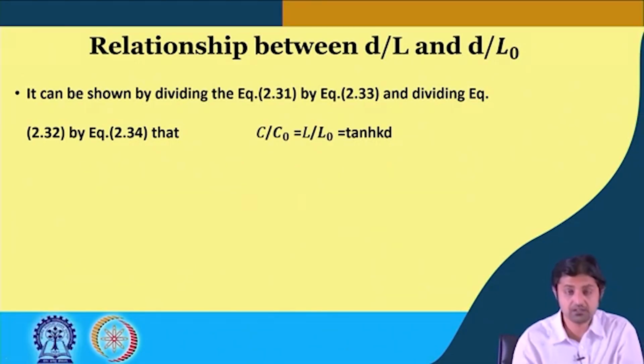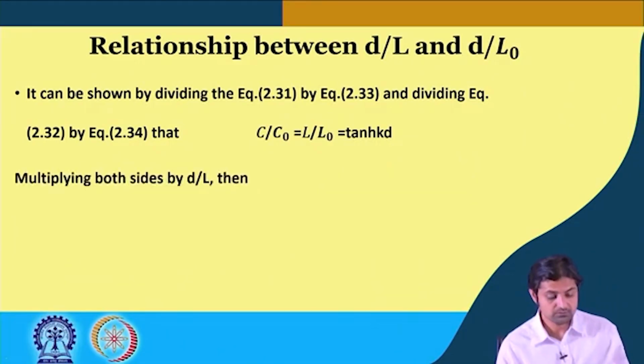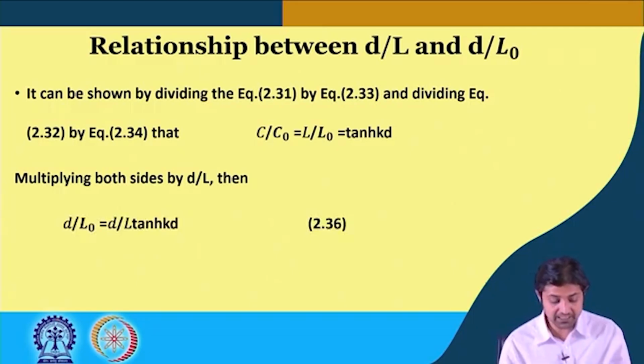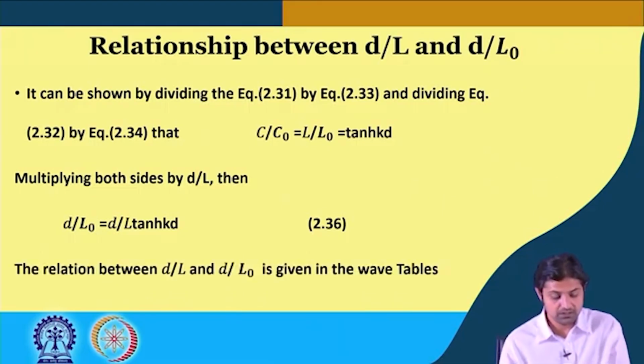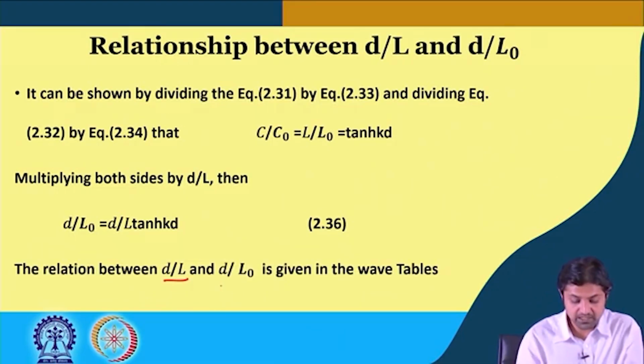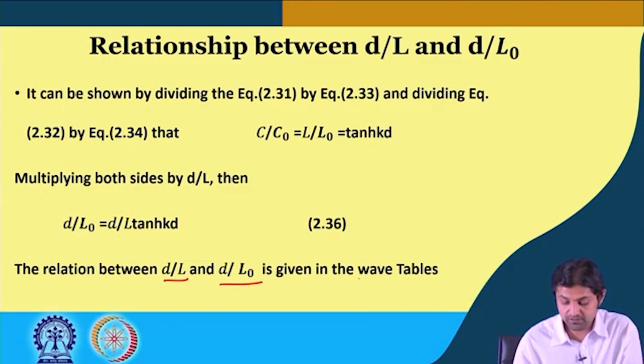You can try this on your own. Now, if we multiply both sides by d by L, we can get d by L naught is equal to d by L tanh kd. All right. Now, the relationship between d by L naught and d by L is given in wave tables also.